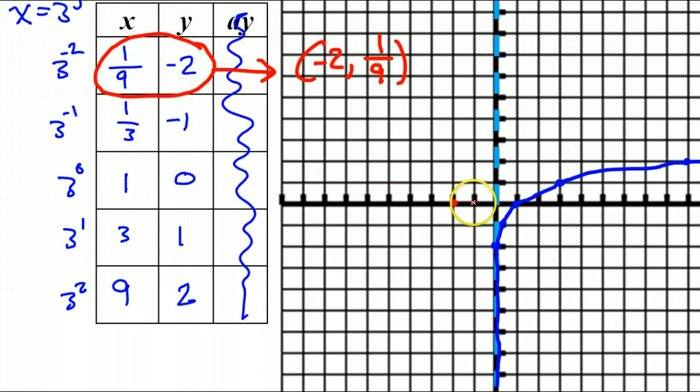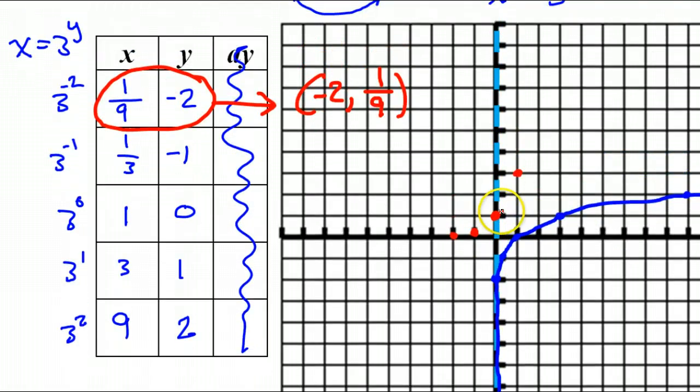So that would be -1, and then up just a little bit. And then 0, comma 1, alright, just reverse it. So 0, 1 would be right here. And then 1, comma 3 would be here. And then 2, comma 9. So 2, and then up 9 would be right here.